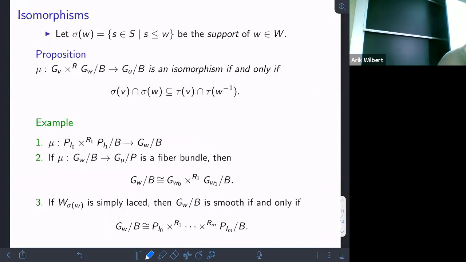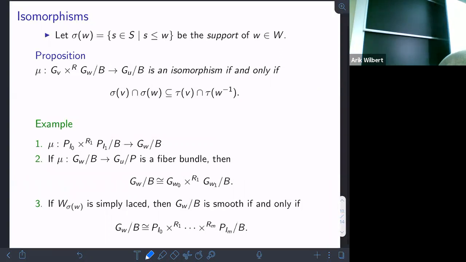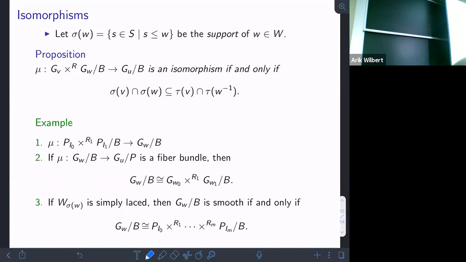Okay, so continuing with Schubert varieties. Here I'm saying sigma of W is the support, and this kind of goes along with the tau invariant. So we have two basic functions from the Weyl group to subsets of simple reflections.